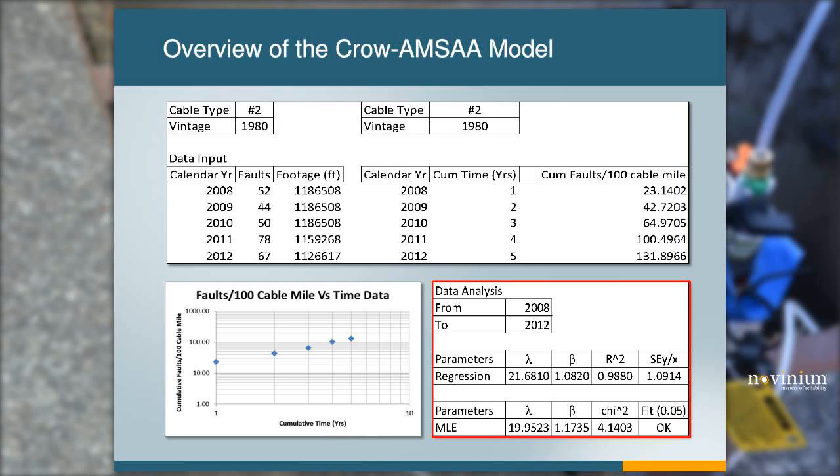If you use the maximum likelihood estimate, you need to be aware that for the Crow-AMSAA model, there are several formulations for that estimate, and we use the estimate based upon grouped data because that's how we're essentially analyzing our information. We're grouping all the faults and the footage annually, so that's how we analyze the data.